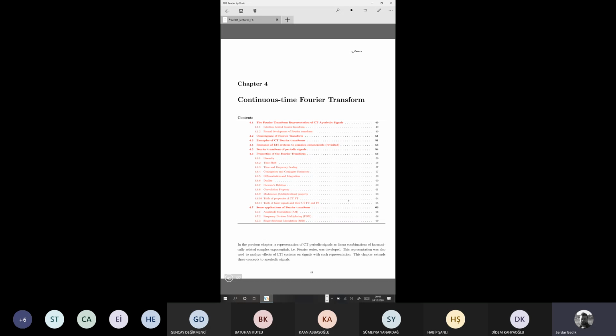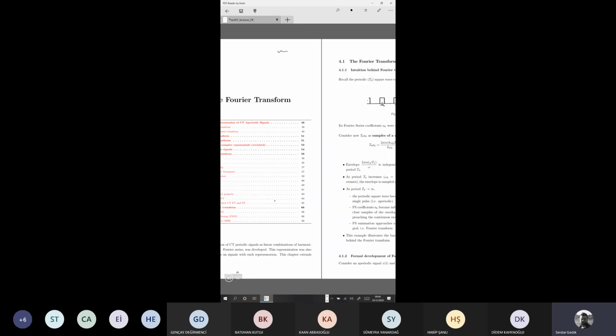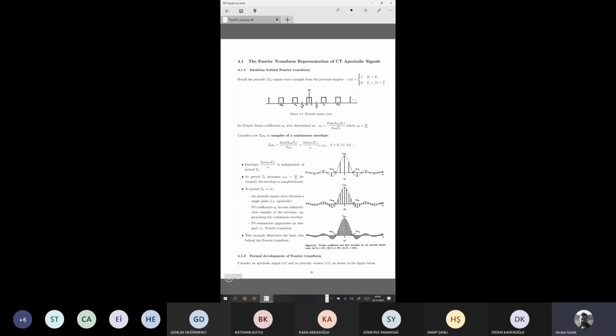Now today in this chapter we will extend this discussion and see that a continuous time signal which is not periodic can also be represented with complex exponentials. First, we will start with some intuitions, with some motivations.